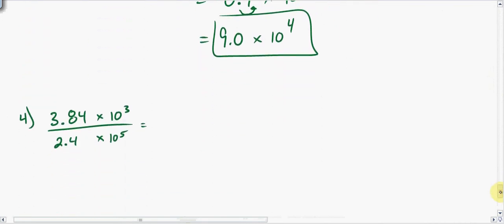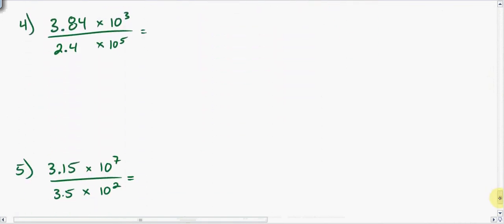We also have scientific notation with division. These are the last two problems. Same concept goes with division where you want to regroup. I have two numbers in scientific notation, 3.84 times 10 cubed and 2.4 times 10 to the 5th power.